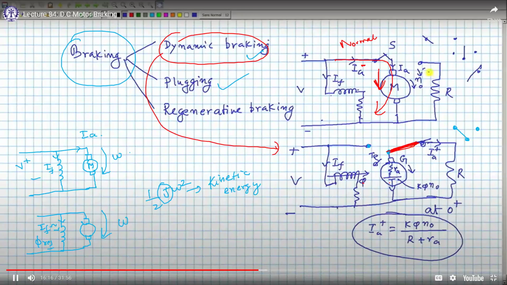Here there is some back EMF because you have flux and there is some rotation also. The omega of the motor will not suddenly become zero, because of the inertia of the machine.